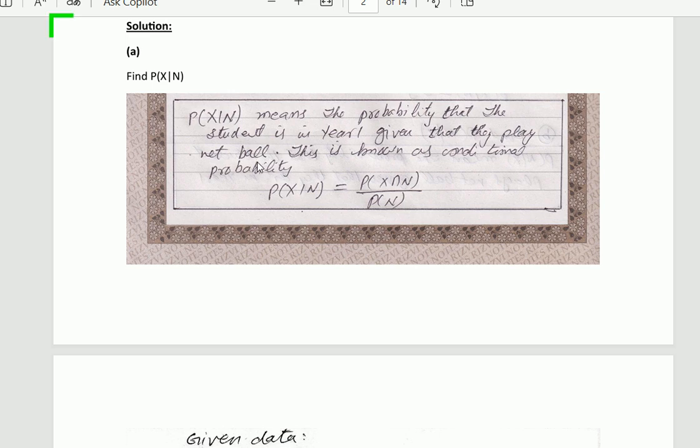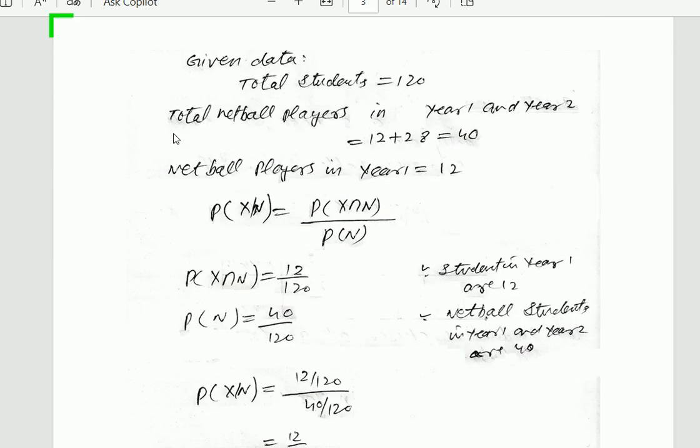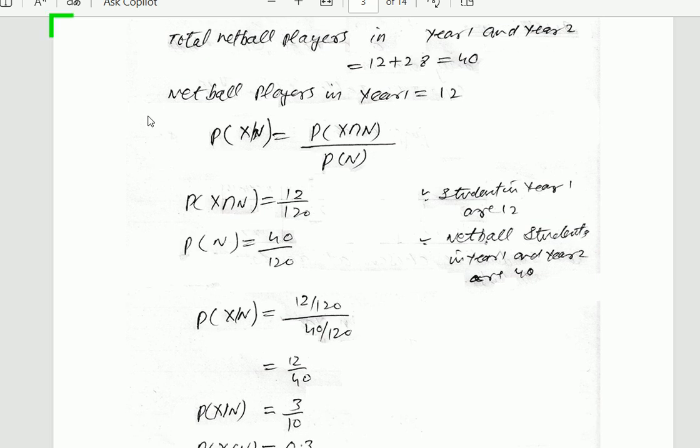Now we shall solve this question. Given that the total number of students is 120 and the total netball players in year 1 and year 2 is equal to 40. Netball players in year 1 is 12. So according to the formula of conditional probability, P of X given N equals P of X intersection N over P of N. So P of X intersection N is equal to 12 over 120, as the netball students in the first year are 12.